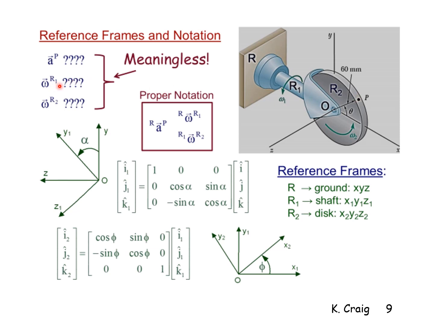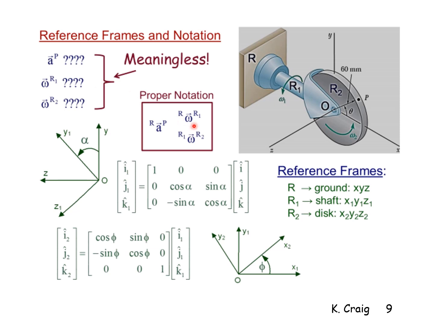The angular velocity of the shaft with respect to what? With respect to R, with respect to R2, where are you observing this angular velocity? The angular velocity of the disk, which we call omega 2, the angular velocity as viewed from where? R1 as viewed from R. So this notation is useless and meaningless.